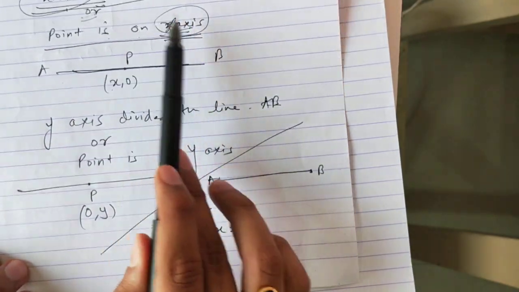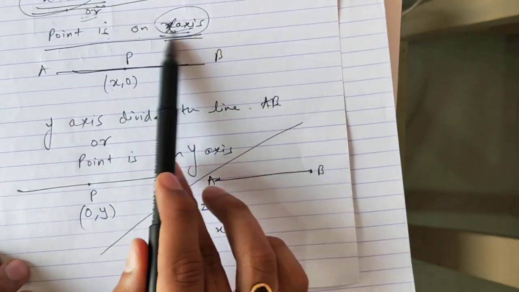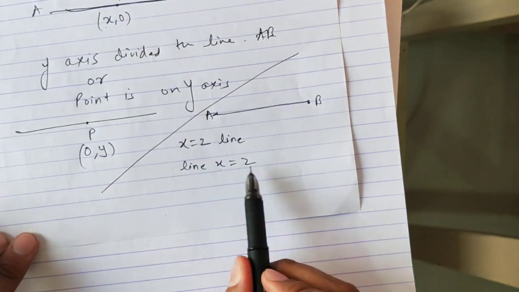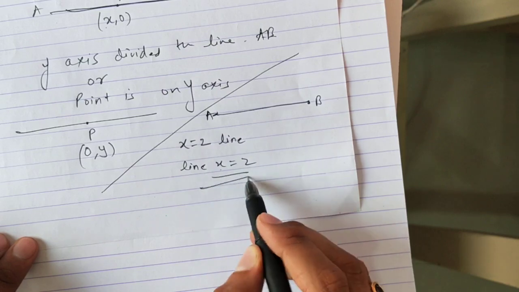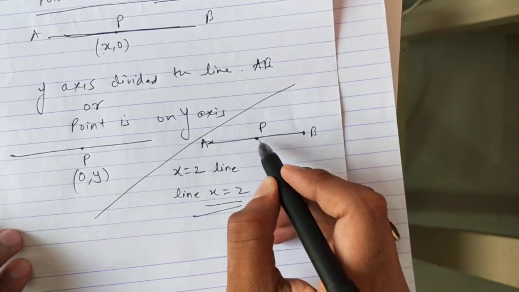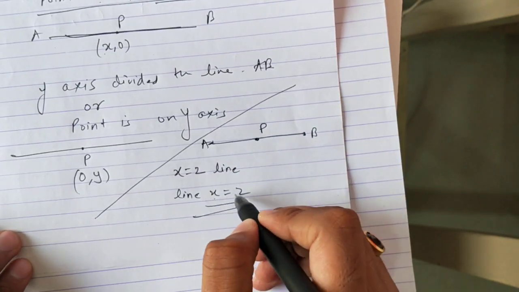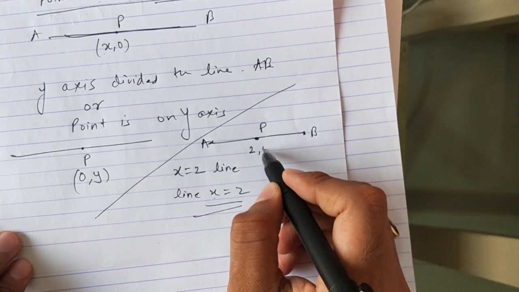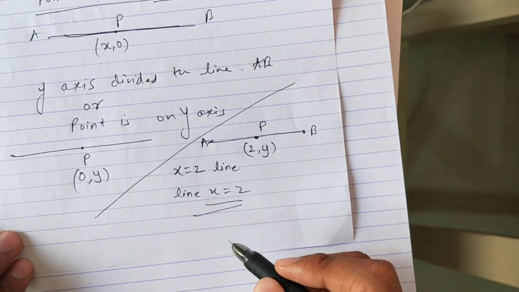Only when the word x-axis is written will you take x comma 0. If they give you x is equals to 2, then you will take this point P with the value of x as 2, so you will take 2 comma y. You don't know y, so you keep the y as it is.